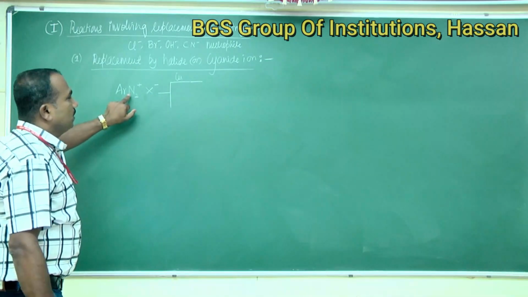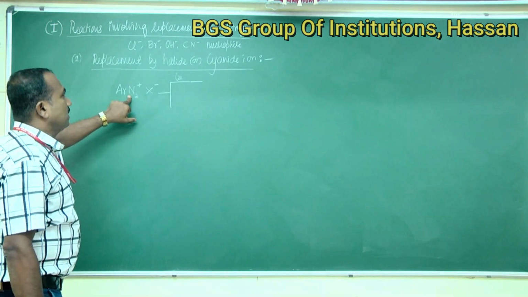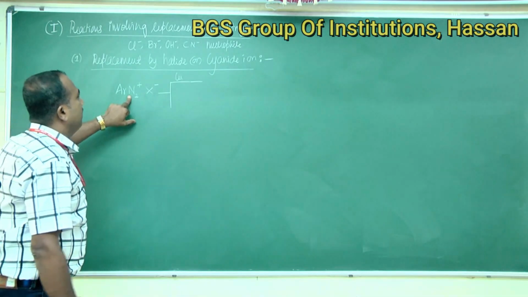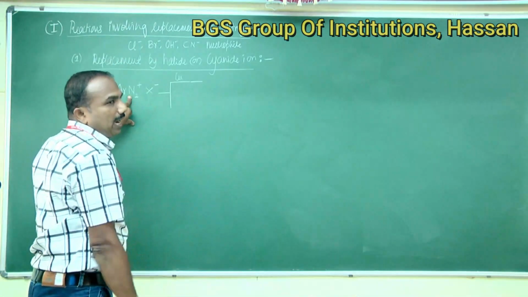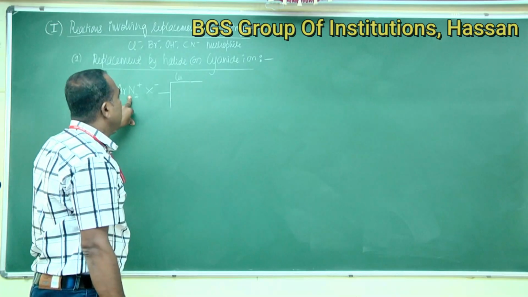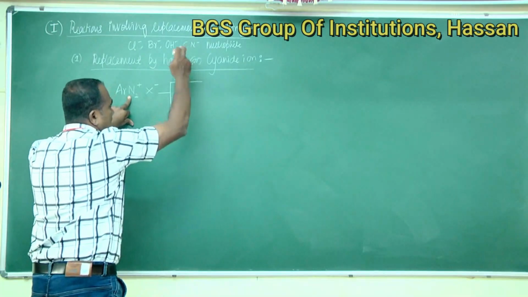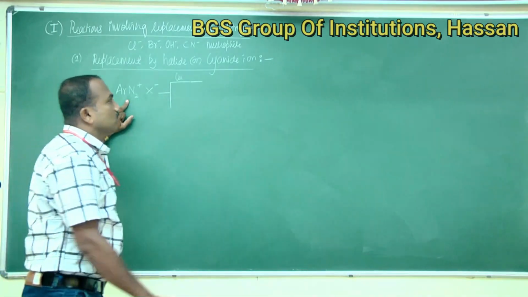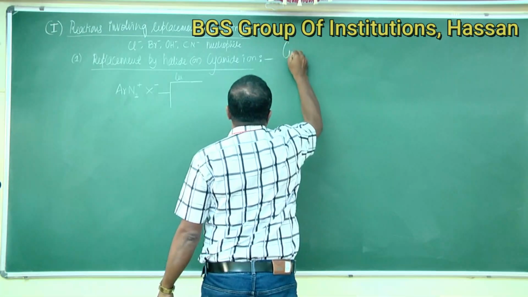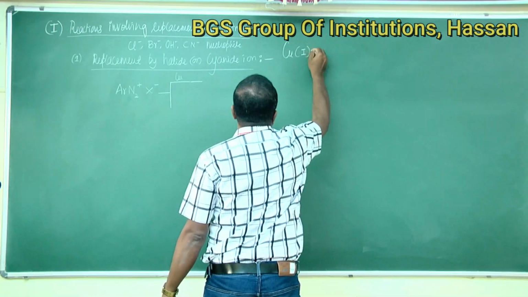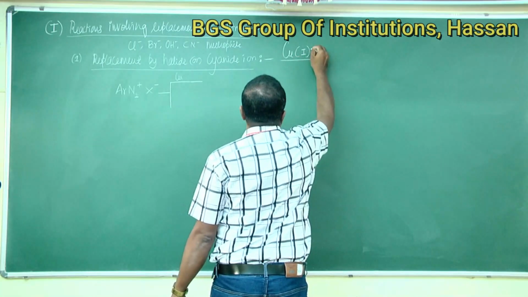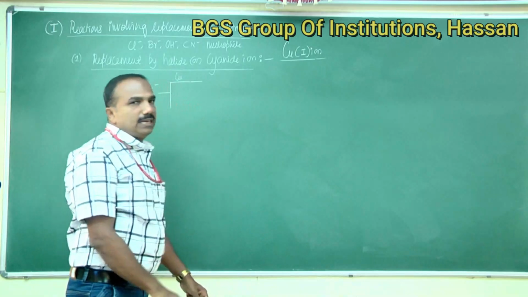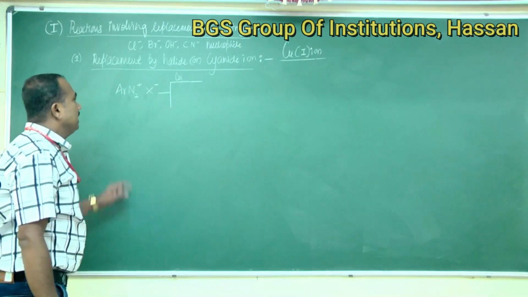In this, the diazo group can be replaced by halides, that is Cl minus, Br minus, or cyanide ion CN minus, by using copper 1 ion as a catalyst.